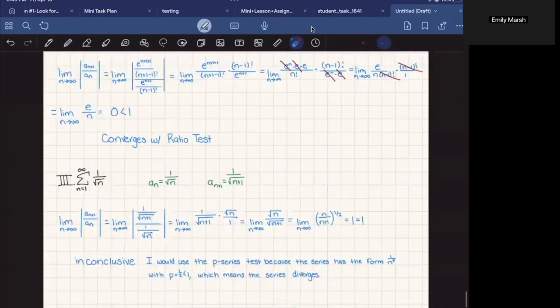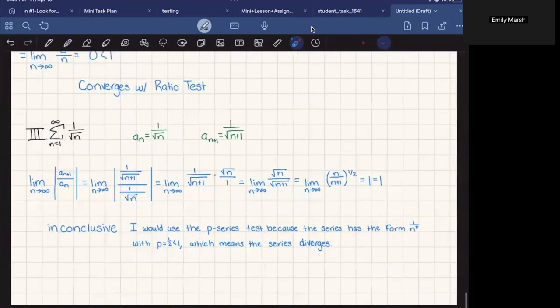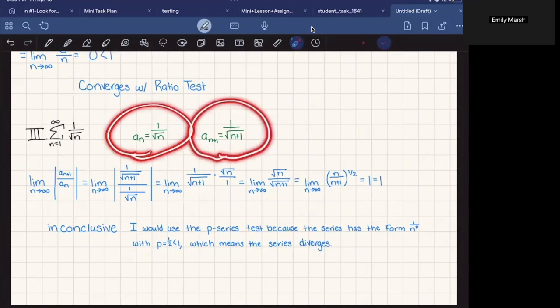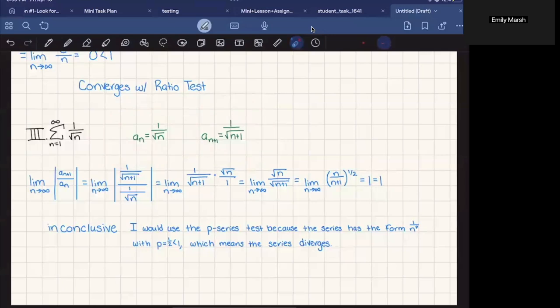Our last series that we're going to deal with is this one here, which is the summation as n equals 1 to infinity for 1 divided by the square root of n. Here is our a sub n and our a sub n plus 1. We're going to now take the limit of the absolute value of a sub n plus 1 divided by a sub n.